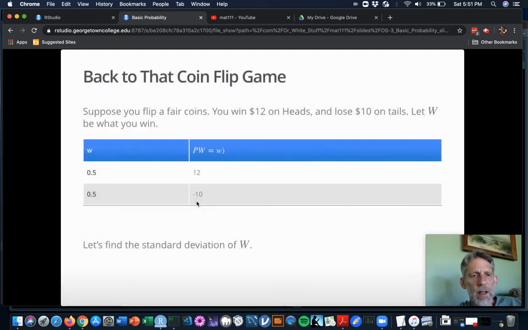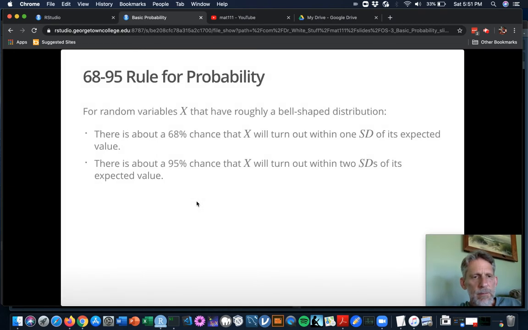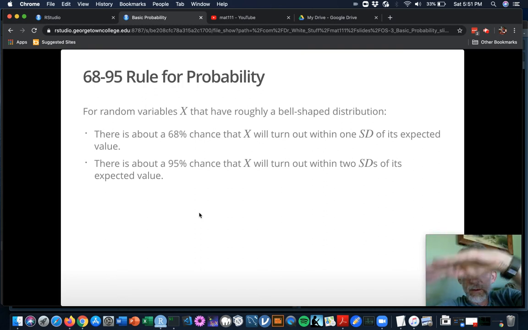So when a random variable ends up looking like that, then the 68-95 rule actually applies pretty well to it. When a random variable has a roughly bell-shaped distribution, there's going to be about a 68% chance that the random variable is going to turn out to be within 1 standard deviation of its expected value.